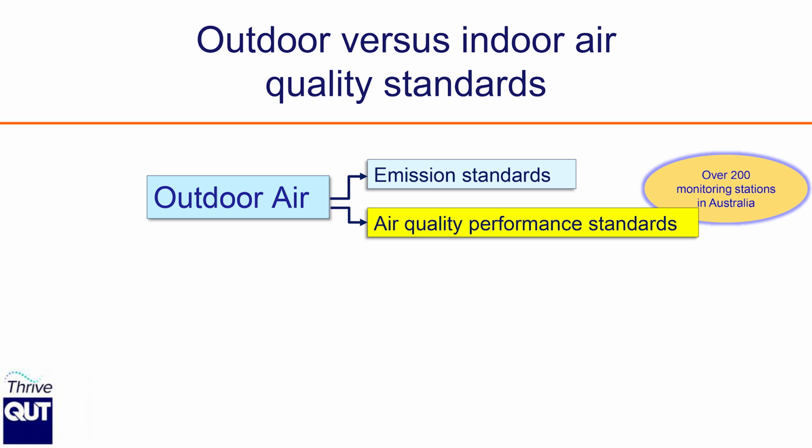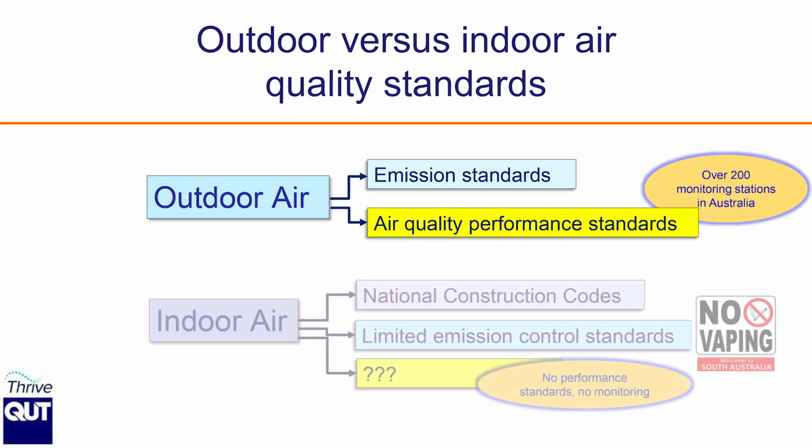For example, in Australia, there are over 200 monitoring stations across the country, mainly in urban areas in big cities. But I'm saying, all right, every vehicle imported to Australia must meet the standards, every power plant, every industrial facility. So why do we still waste money on monitoring the quality of outdoor air if everything is meeting the standard? Yet we do, and we find out that there are often issues.